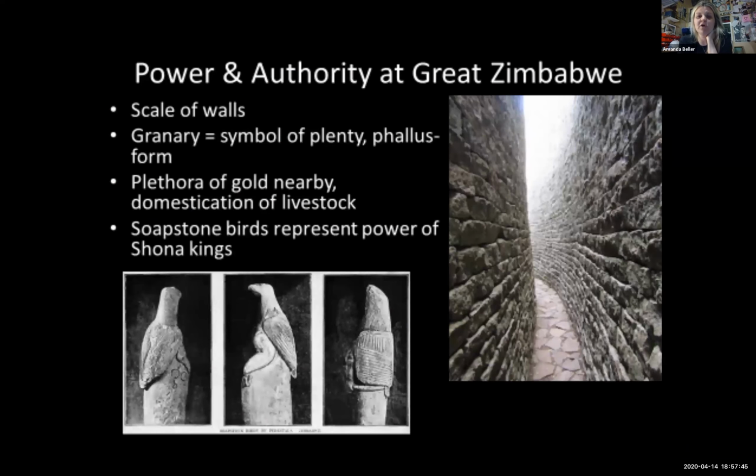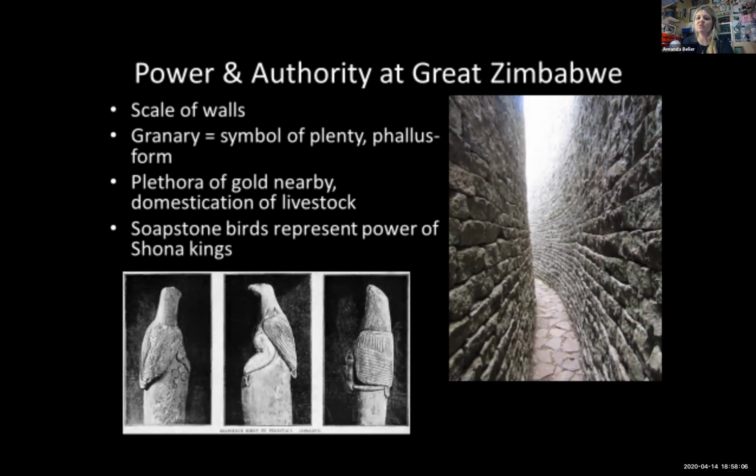One of the things I want you to be sure of writing down, probably under content or maybe form, is that there are these soapstone birds set up in different places throughout the ruins of Great Zimbabwe. They are associated with this kind of ancestral power, royal power of the kings.